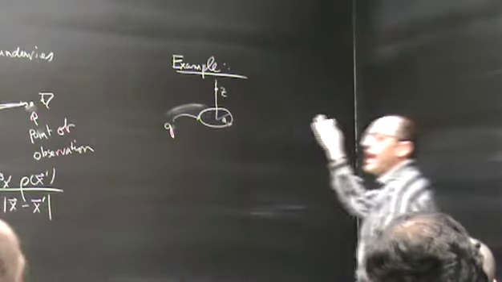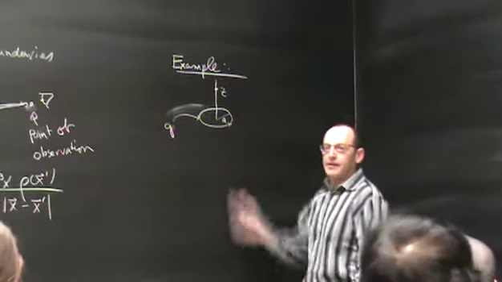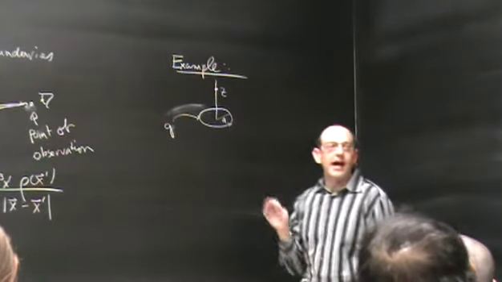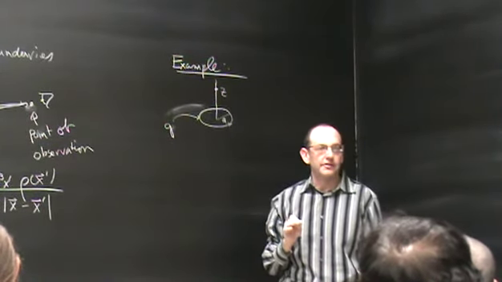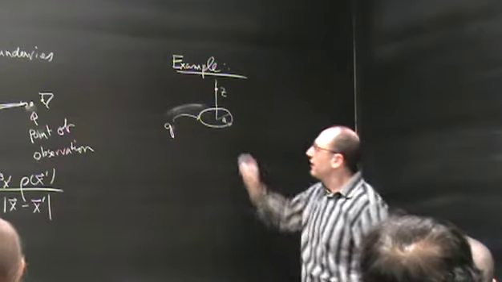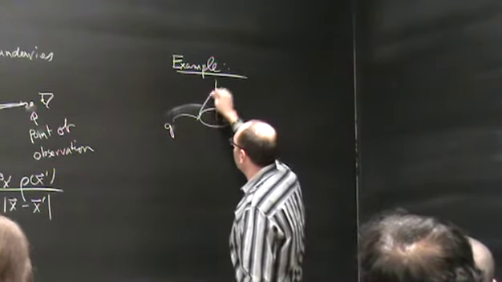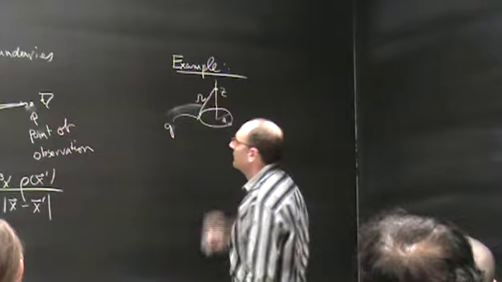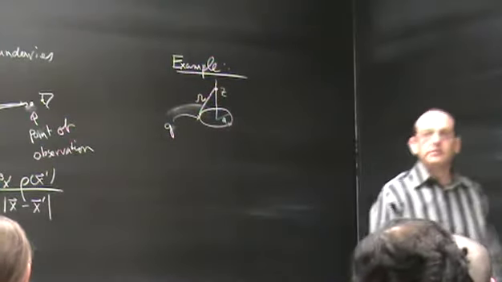Well, we know an exact form in this case, at least on-axis. We can write down an exact solution for this, right? Because every point on this ring is the same distance from the point of observation.